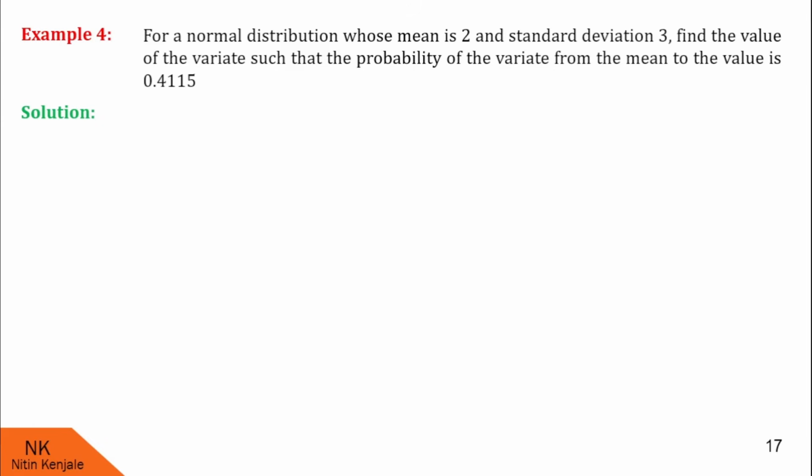Given that there is a normal distribution whose mean is 2 and standard deviation is 3. So we assume that the normal distribution variate is x. Its mean is 2 and standard deviation sigma is 3. We have to find the value of that variate, say x1, such that its probability from 2 to that value x1 is 0.4115.